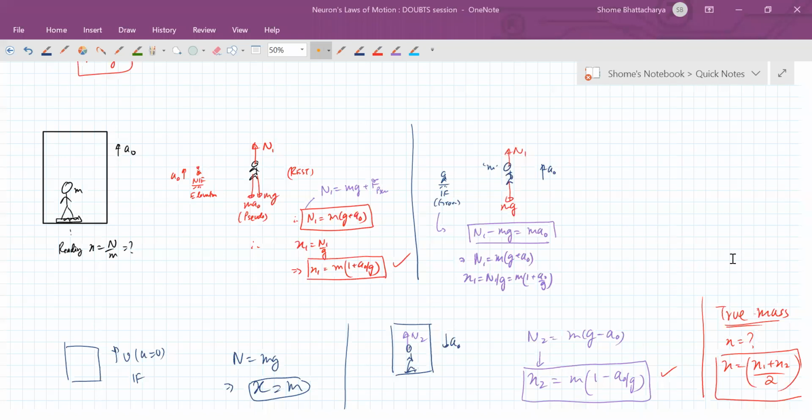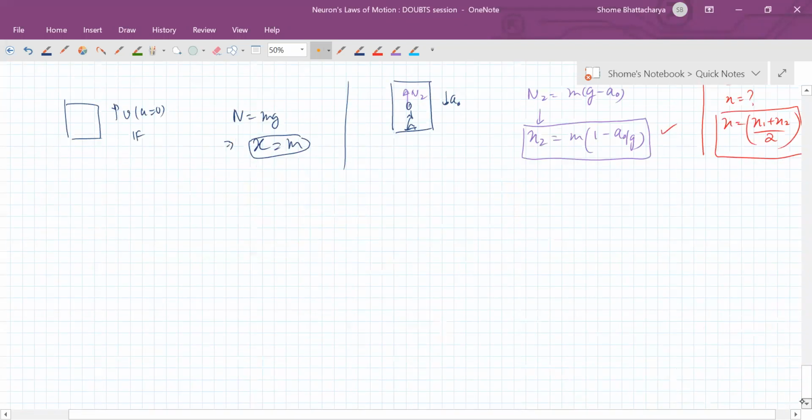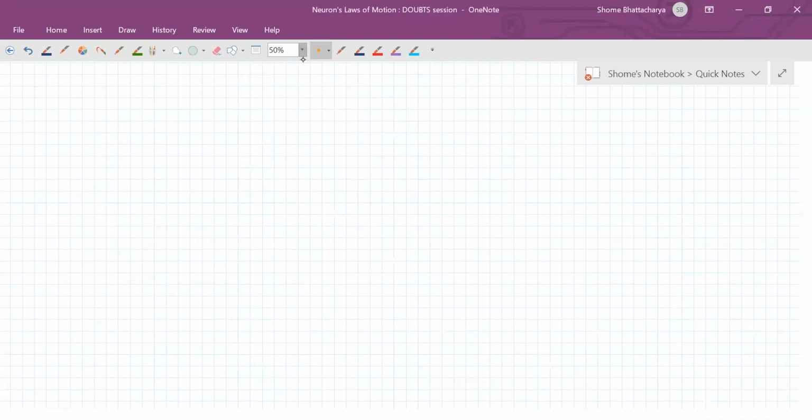So question 28 is one of those more difficult types of questions related to pseudo force. Difficult in some terms of solving. Conceptually it's fine.